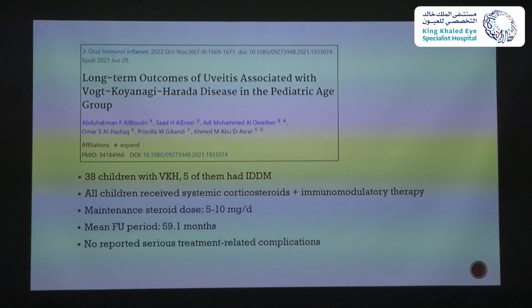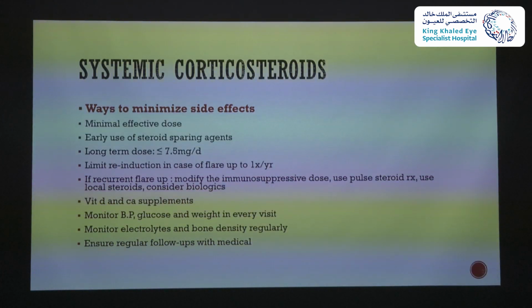The mean follow-up period was about 5 years, and over this period there were no reported serious treatment-related complications. So with close monitoring, long-term oral steroids are quite safe in children. But of course we should add immunomodulating agents.